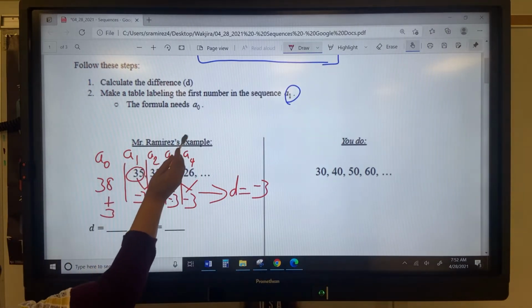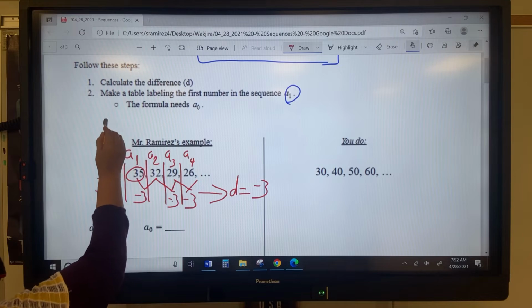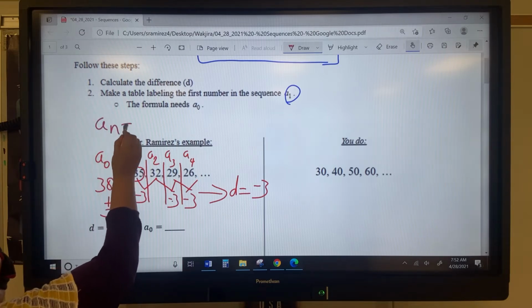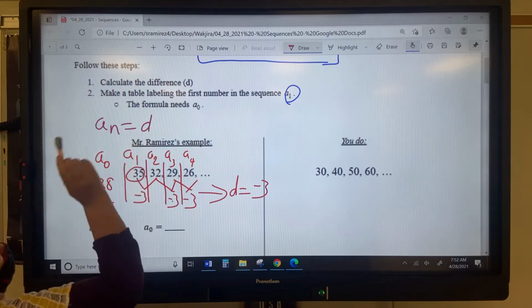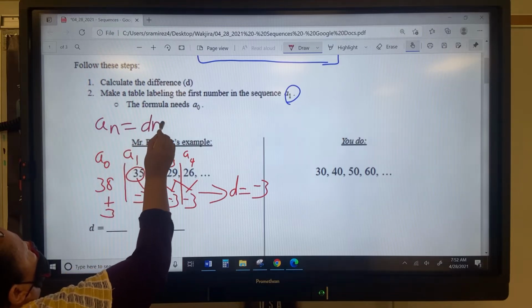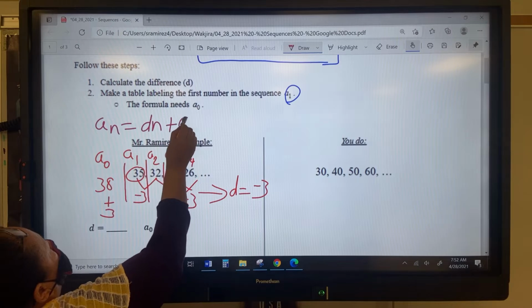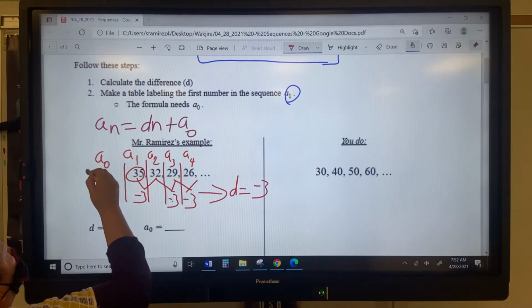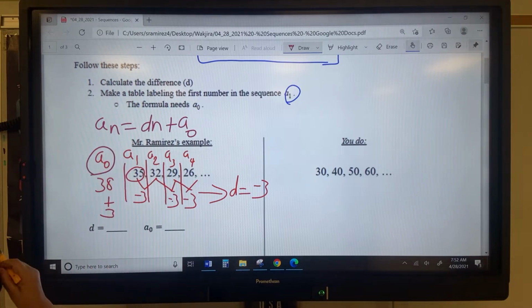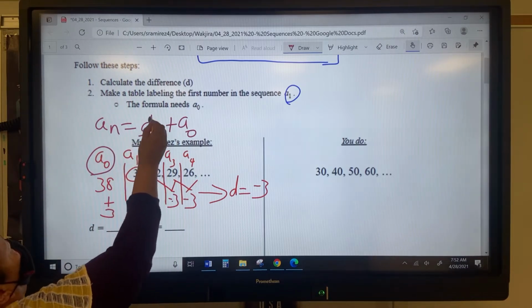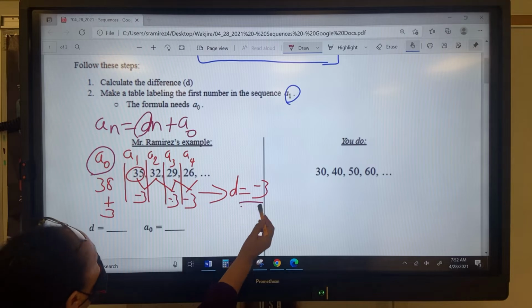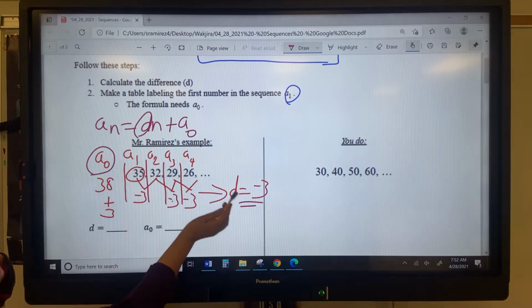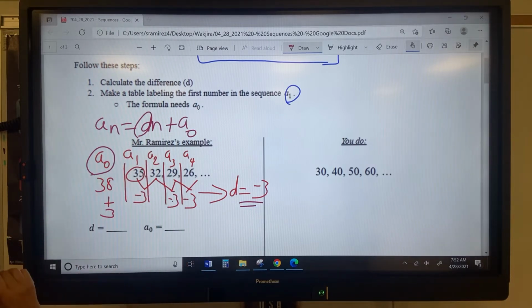Now, according to the formula, A n equals D, that is the difference, times n plus A sub 0. Since we have our A sub 0 right here, and our difference right here, all we have to do is insert those numbers right down here.